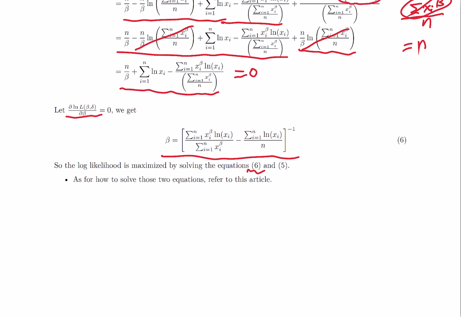This is the so-called first order conditions to solve for the maximum likelihood estimator. Of course, we need to solve these 2 equations. Actually, solving these 2 equations is very complicated.